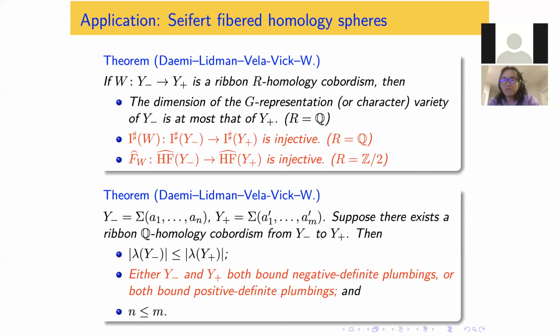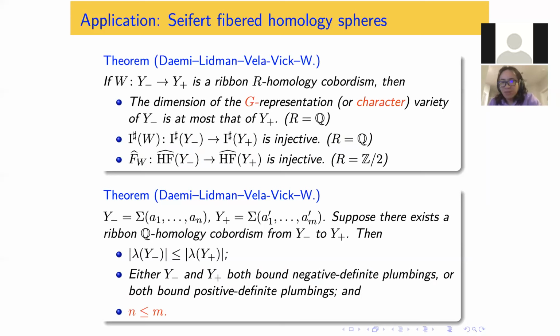So the point is that our maps I sharp of W and F of W respect the homological grading, and so we get this immediately. And finally, we have a statement on the number of exceptional fibers, n and m.